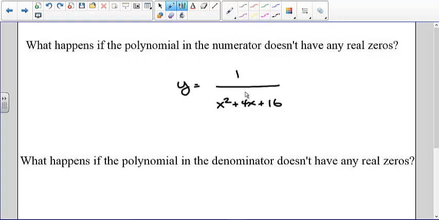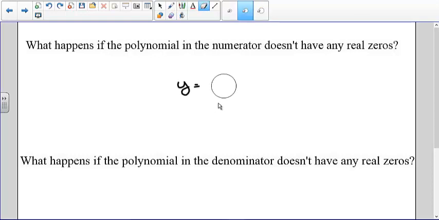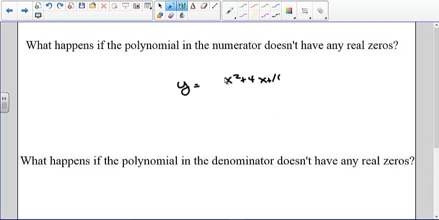So let's switch that around. So I'm going to fix that. So you say you have x squared plus 4x plus 16 divided by x. So this is still a rational function. The denominator is pretty simple, y equals x. And what you would find out is that there are no real zeros associated with the numerator. And therefore you have no x-intercepts in that case.